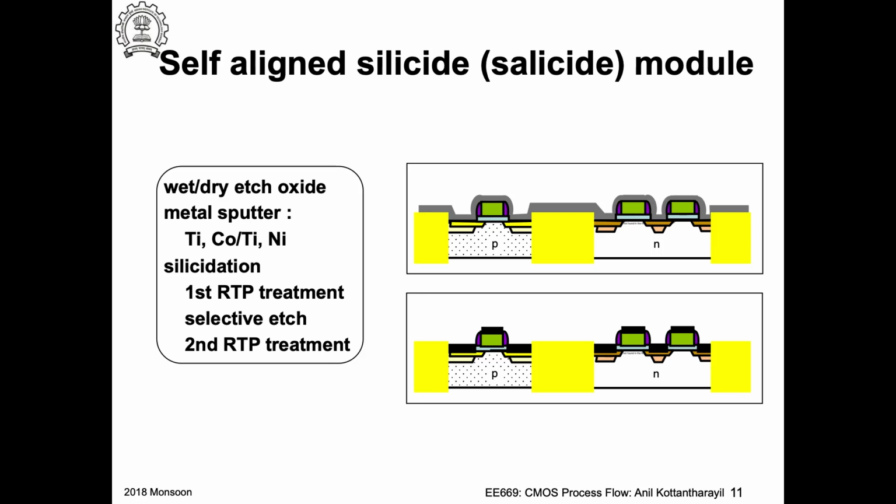Okay, so this can be Ni2Si. Then I etch the excess, unreacted nickel, and during the second RTP I'll convert the remaining Ni2Si on the source, drain and the gate into NiSi, the monosilicide, which gives very good contact resistance with silicon.